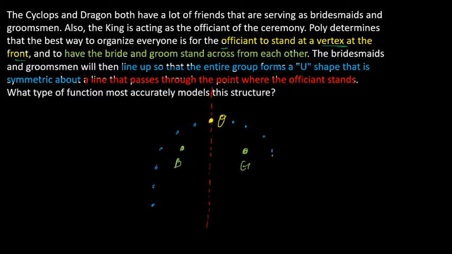And it's symmetric, though I haven't drawn this perfectly. So these are my bridesmaids and my groomsmen in blue. All right, so what type of function most accurately models this structure that I've just drawn, where I have this sort of U shape? Imagine this U shape connected.